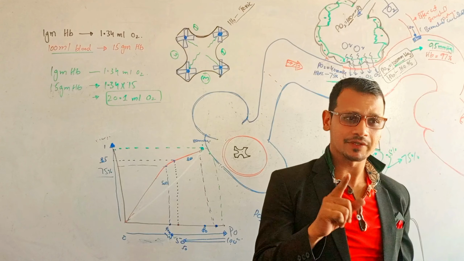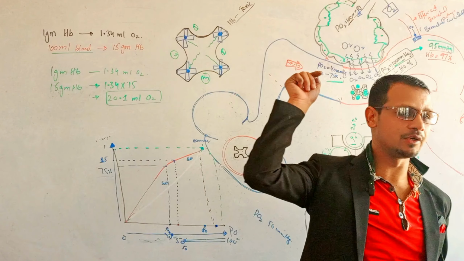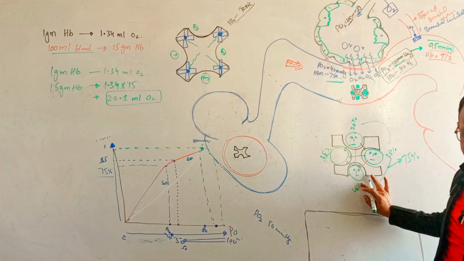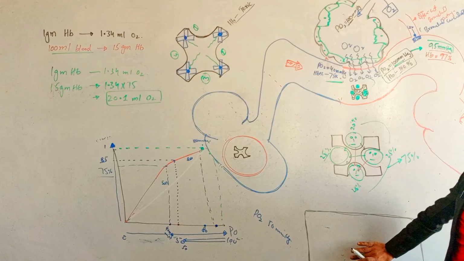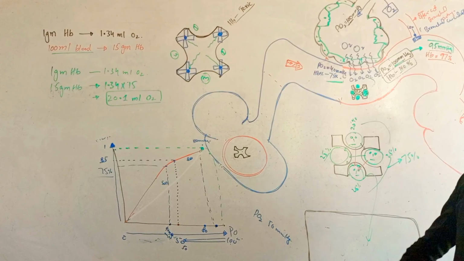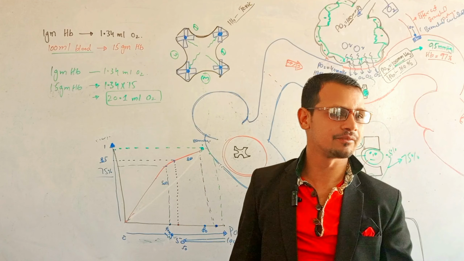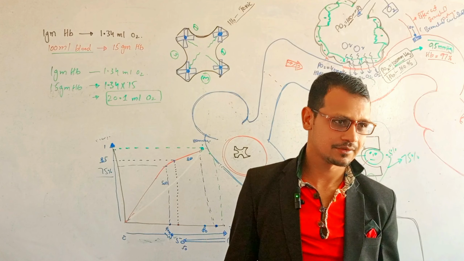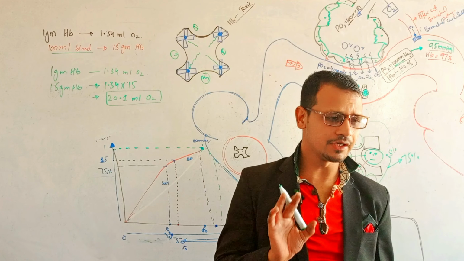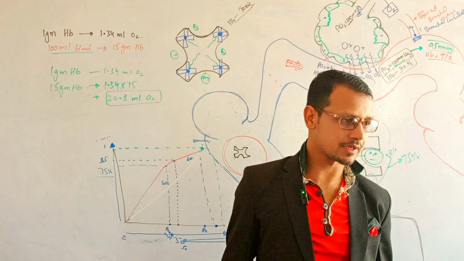Remember one thing: oxygen does not jump directly from hemoglobin to tissues. For example, if this is hemoglobin and this tissue needs oxygen, the oxygen cannot jump directly here, because plasma also has dissolved oxygen. Oxygen is a poorly dissolved gas; we dissolve it only poorly in fluids, right?